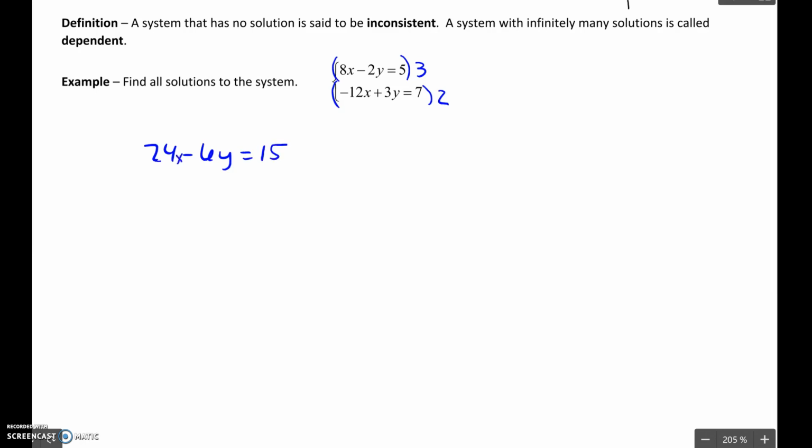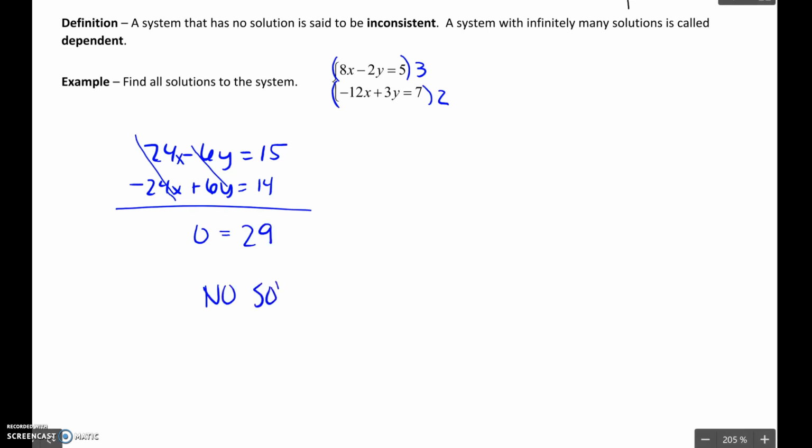And then negative 24x plus 6y equals 14. Okay, so I'm actually eliminating the x's and the y's on this one. Surprise, surprise. I eliminate the x's, I eliminate the y's, I get 0 equals 29. That never happens. 0 cannot equal 29. So this one has no solution.